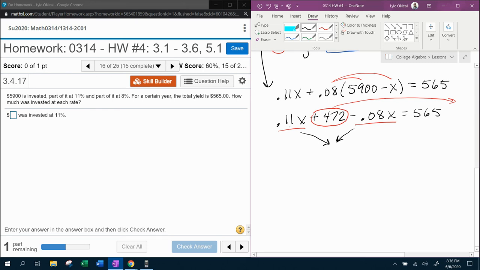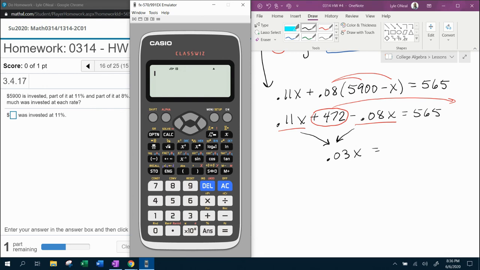Think of it this way: 11 cents minus 8 cents. Well, that's 3 cents. 8, 9, 10, 11. 3 cents. 0.03x. And again, with my calculator, that's going to be 565 minus 472, because the 472 is coming over, makes it minus, and that's going to be 93.